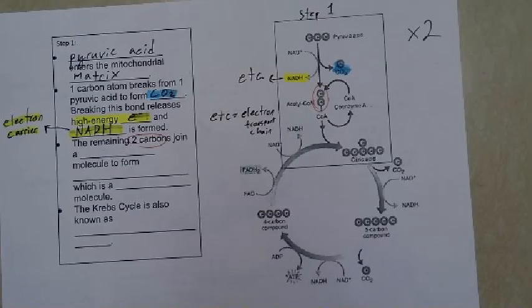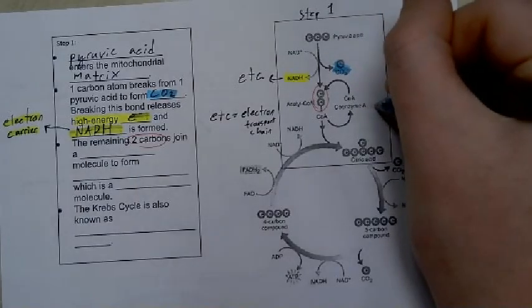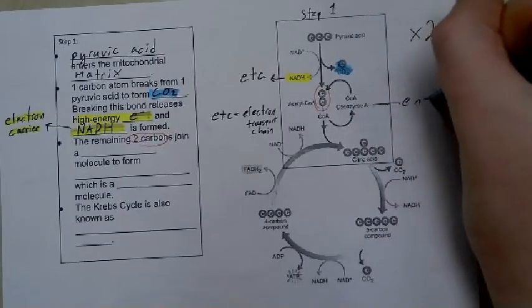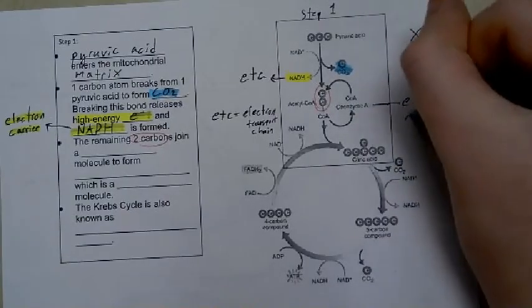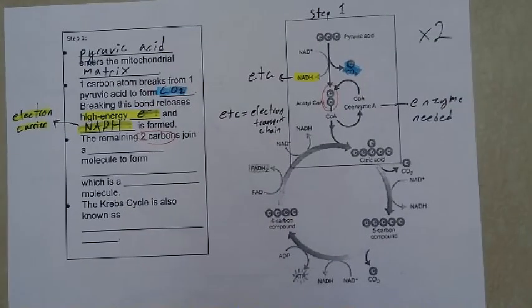It's a 2-carbon molecule. But CoA is also the name of the enzyme that we're going to need for our next step. CoA, coenzyme A, is what this stands for. This is the enzyme needed for what's about to happen next.